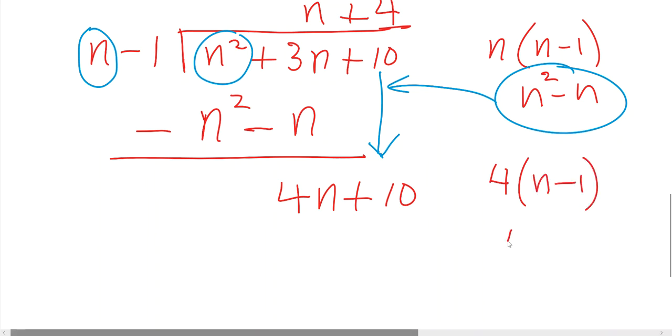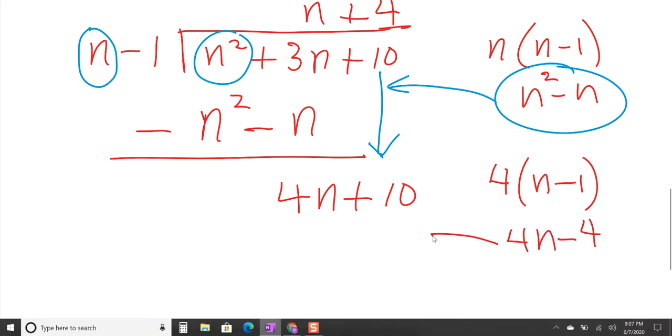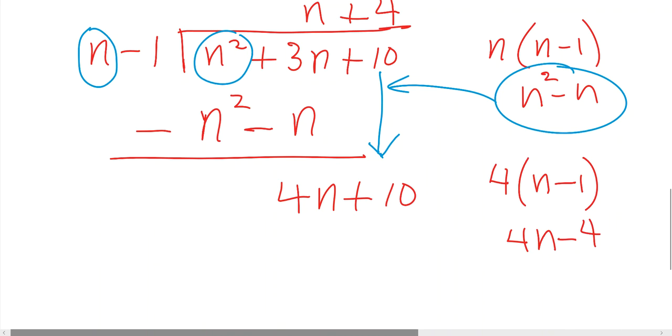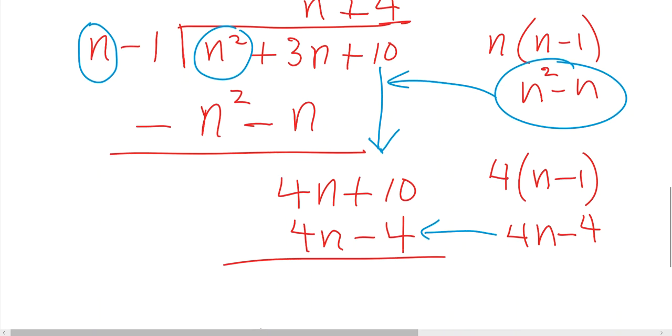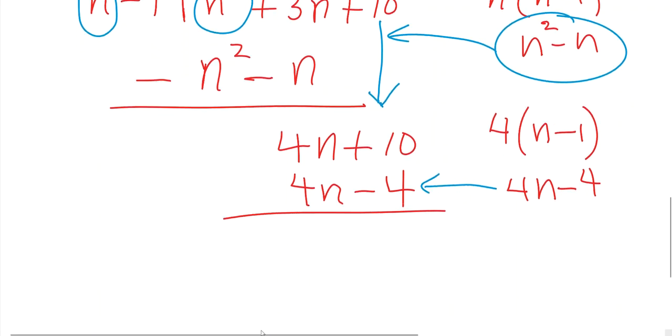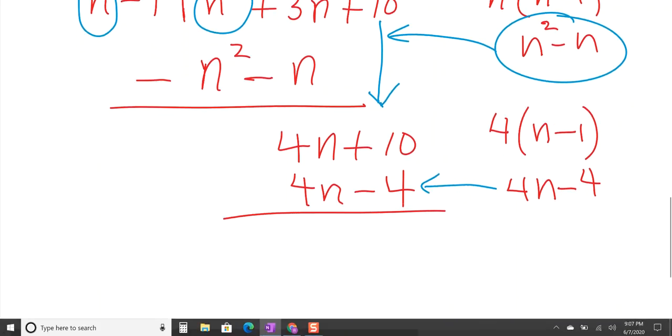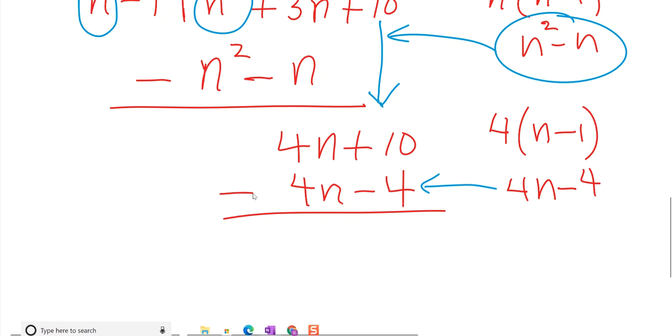And that gives us 4n minus 4, and we write that right over here, and then we subtract. So we put 4n minus 4. And then we subtract. What's 4n minus 4n? 0.